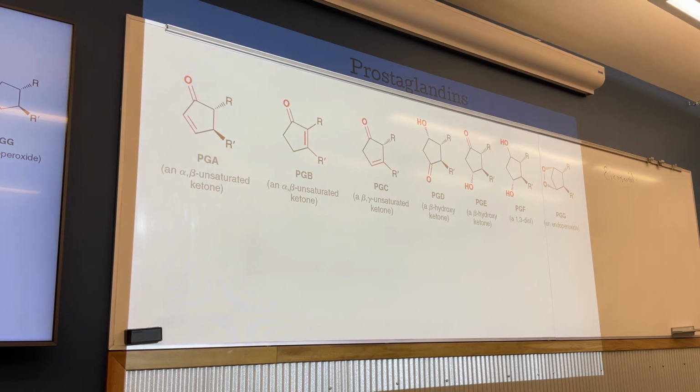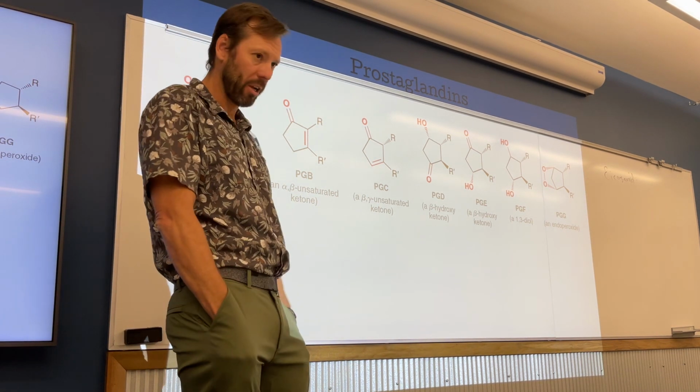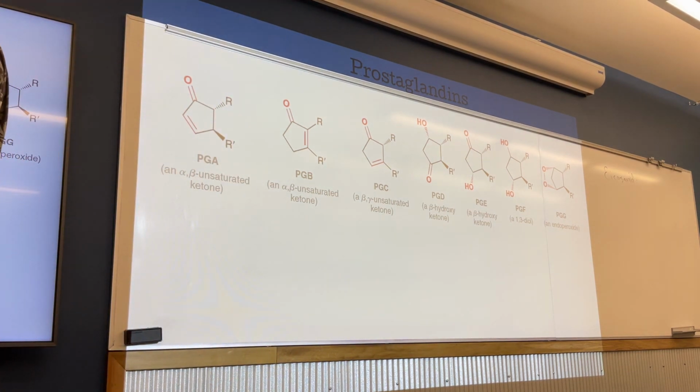And a prostaglandin is what is going to signal inflammation in our body. Okay, so if you get injured, you're going to have a release of prostaglandins. Prostaglandins are then going to trigger the inflammatory process.